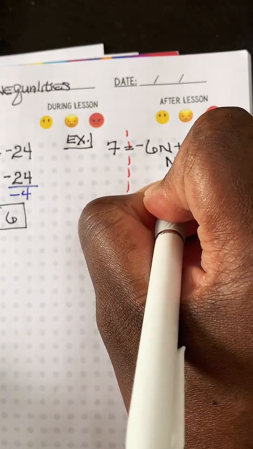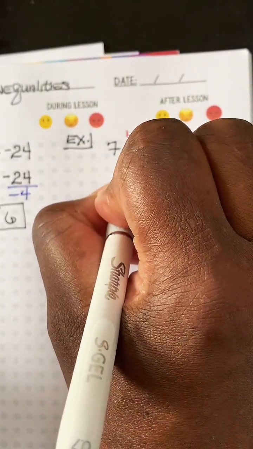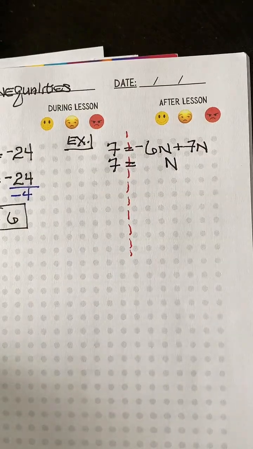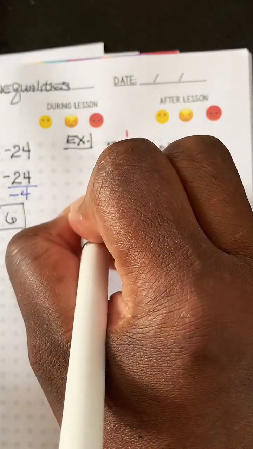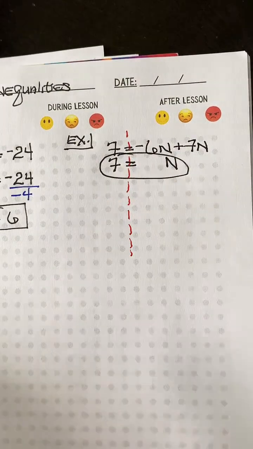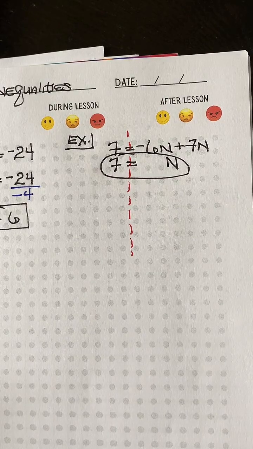So you can just simply say n. Bring down the equal sign. Bring down the 7. If you plug this 7 in for n, it will make that into a true statement. That's all you have to do.